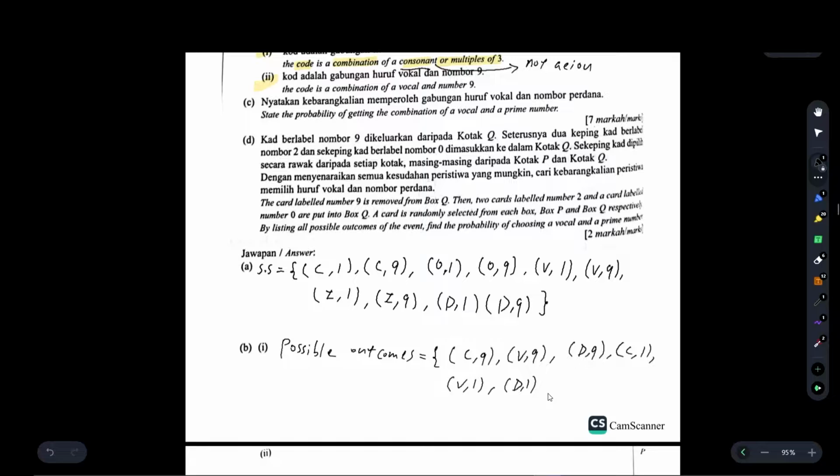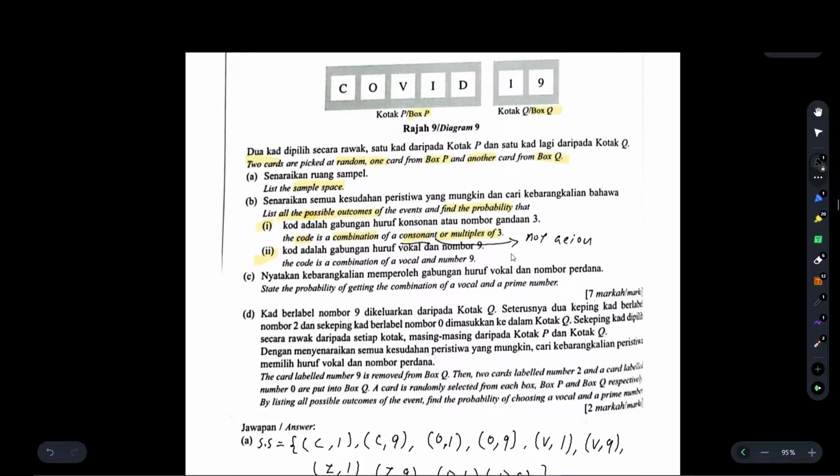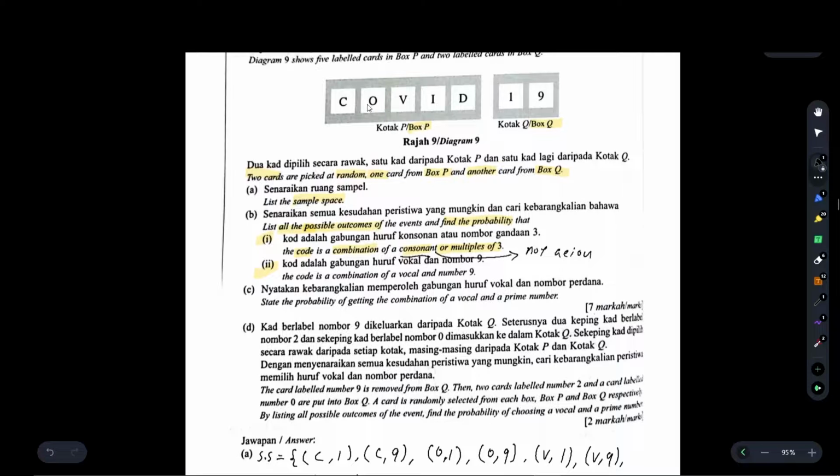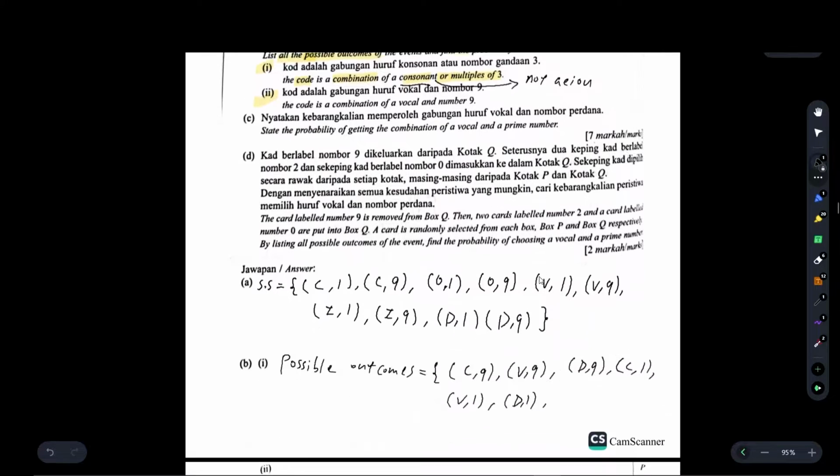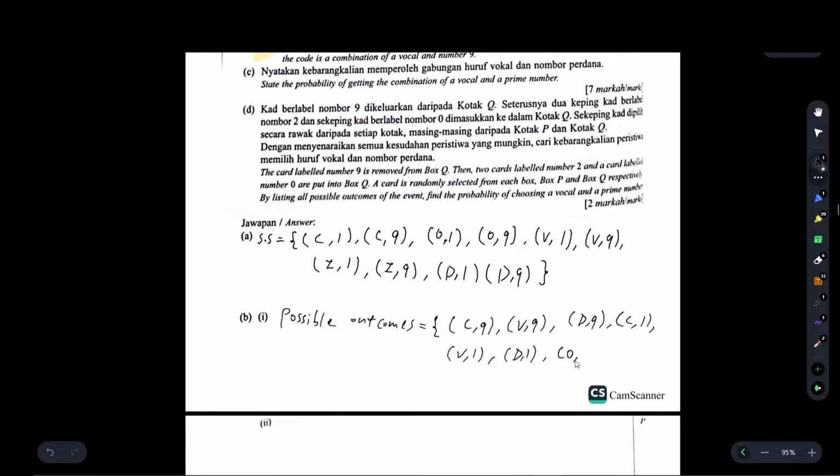That's it. Now we're gonna write multiple of 3 only. That means the first code is the vowel. And the vowels we have in box P are O and I, so we're gonna write it out. So it's O9, and the last one is I9. So that's all the possible outcomes.